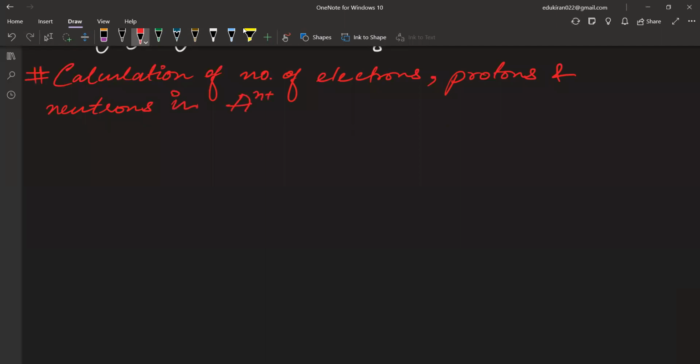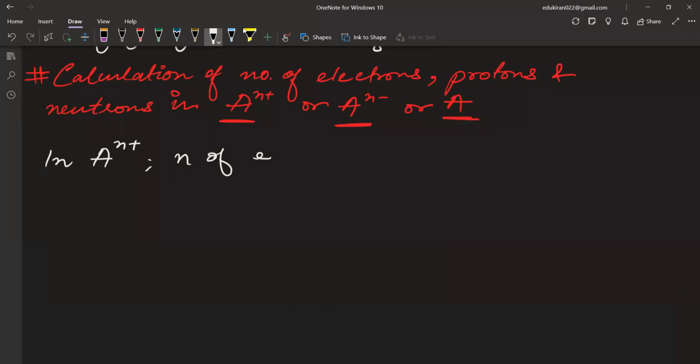an A to the plus, or an A to the minus, or a neutral atom. Okay, that means you can have a positively charged cation, a negatively charged anion, and a neutral atom. Please remember, in A to the n plus, n number of electrons are removed.